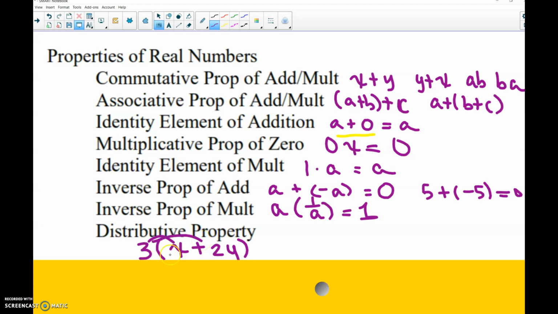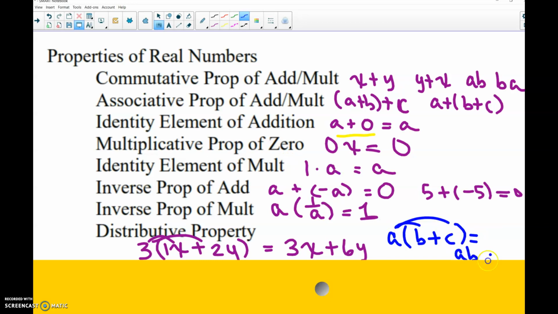So 3 gets multiplied to each of the coefficients. 3 times 1, 3 times 2 is 6. So that would be how to do the distributive property. In terms of using variables, if you have A times the quantity B plus C, distributive property, multiplying A to both B and C would be AB plus AC.